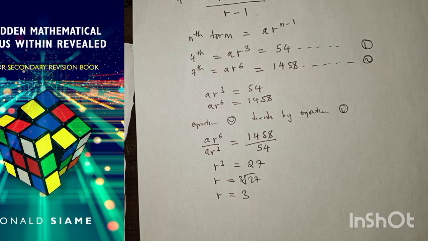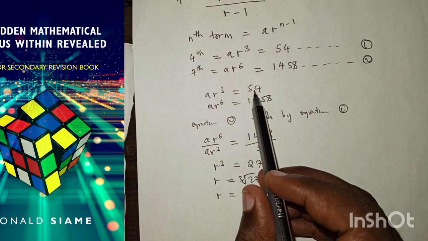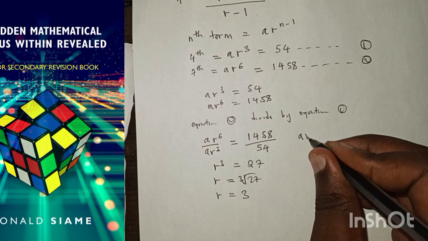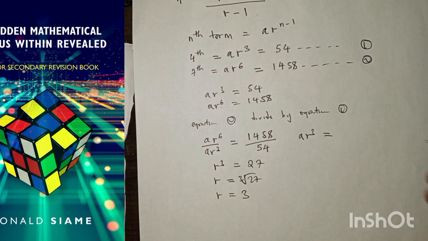Okay, so now that we have calculated the value of r, we need also to calculate the value of a. So we go back to our equations. You can use either equation 1 or equation 2. And where there is r, you put 3. Okay, so let's use equation 1. Equation 1 is a r cubed is equal to 54.